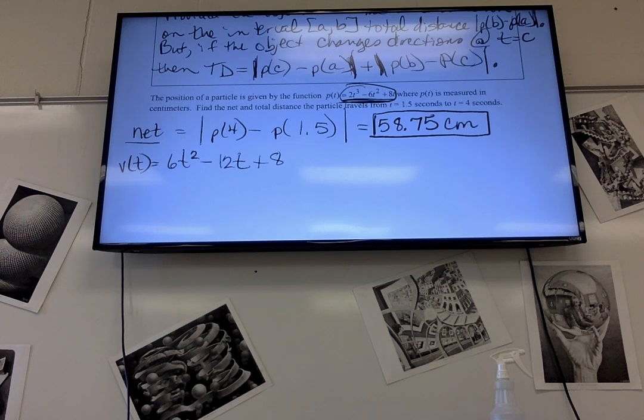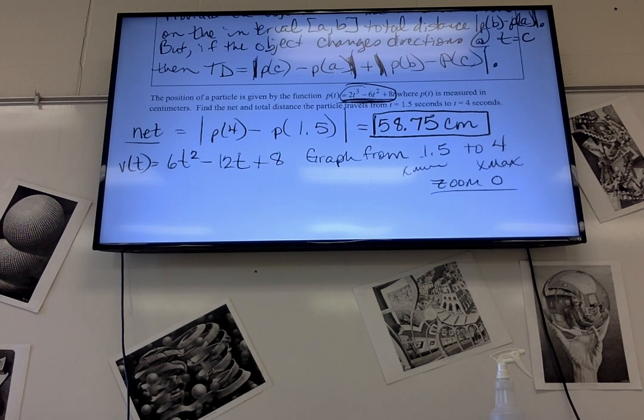And this is a calculator problem, so let's graph it. From 1.5 to 4 seconds, that's your x min and x max. And remember, you can hit zoom 0 after you do that. And it'll make it nice and neat for us.